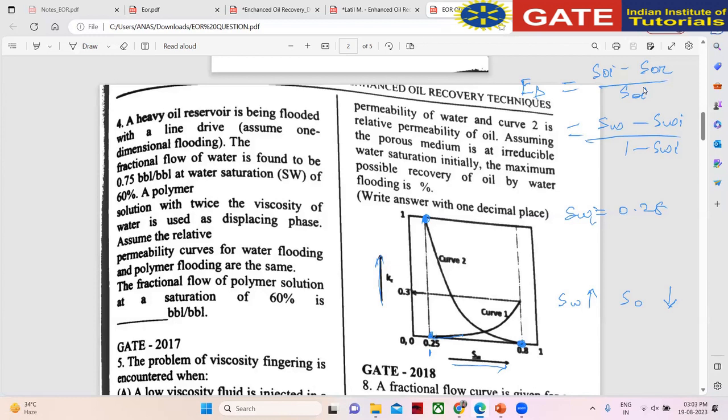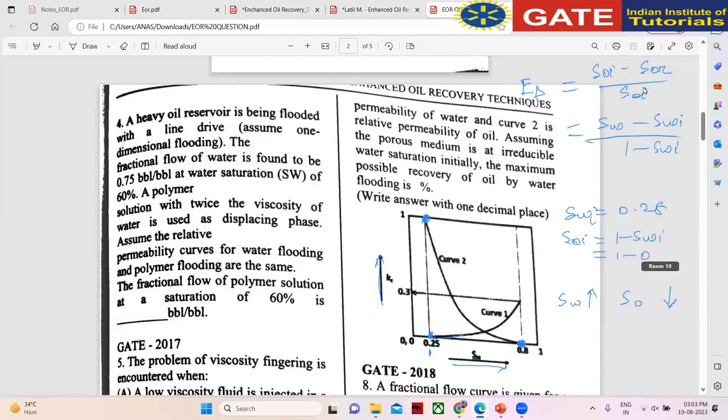So what is the value of initial oil saturation? You can calculate directly: SOI is 1 minus SWI.